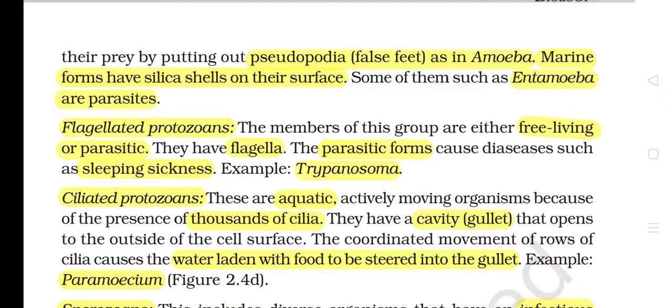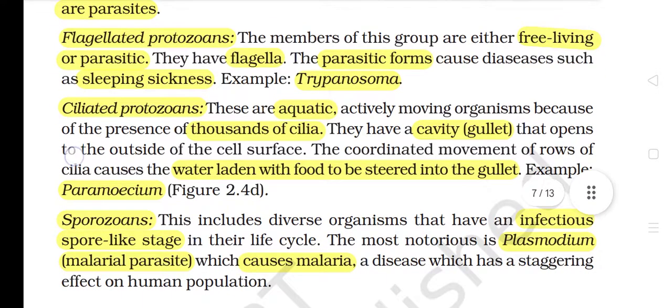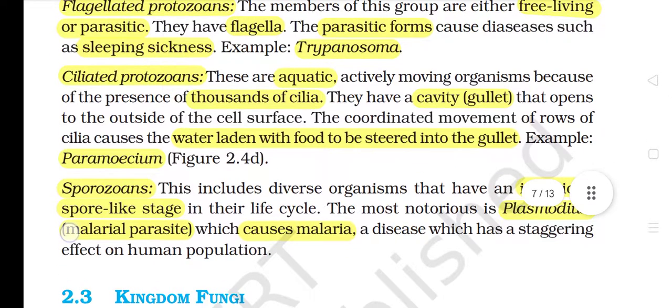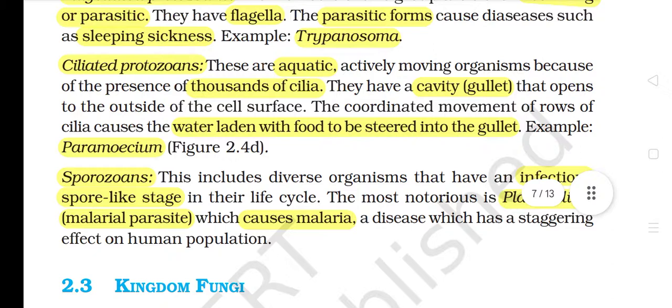Flagellated protozoans. The members of this group are either free-living or parasitic. They have flagella. The parasitic forms cause diseases such as sleeping sickness. Example, Trypanosoma. Ciliated protozoans. These are aquatic, actively moving organisms because of the presence of thousands of cilia. They have a cavity, gullet, that opens to the outside of the cell surface.